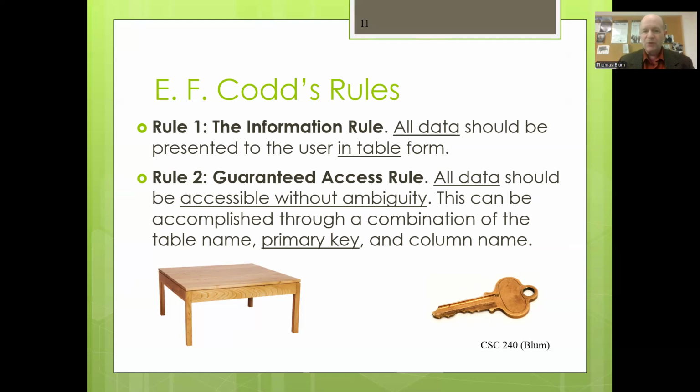By saying the table, it's the person table, the primary key, here's the student ID of the person, and then what column name do I want? I want their first name. I should be able to track down between the table, the primary key in the table, and the column name, and isolate each little individual, sometimes people use the word atomic, piece of data.